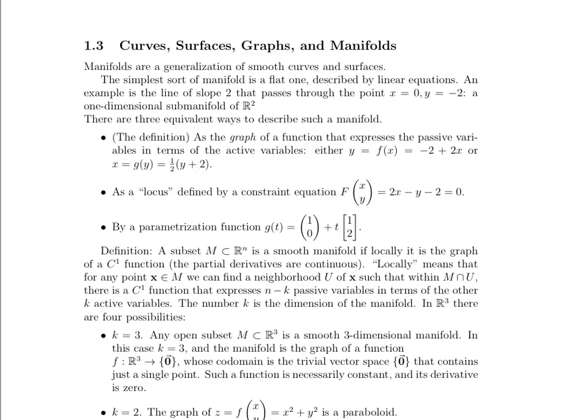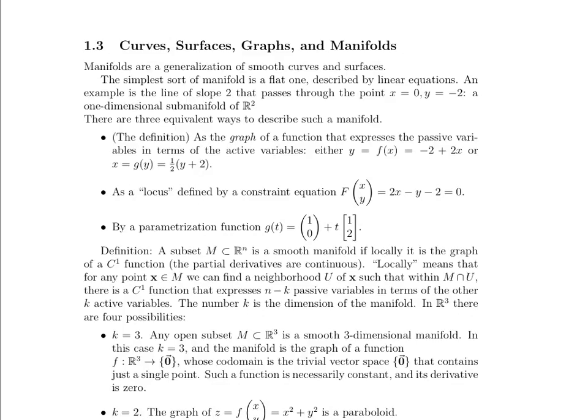Locally means that for any point in the set M, we can find a neighborhood U, which is an open ball around X, such that within the intersection between that neighborhood and the manifold, there is this nice C1 function that expresses the passive variables in terms of the active variables.